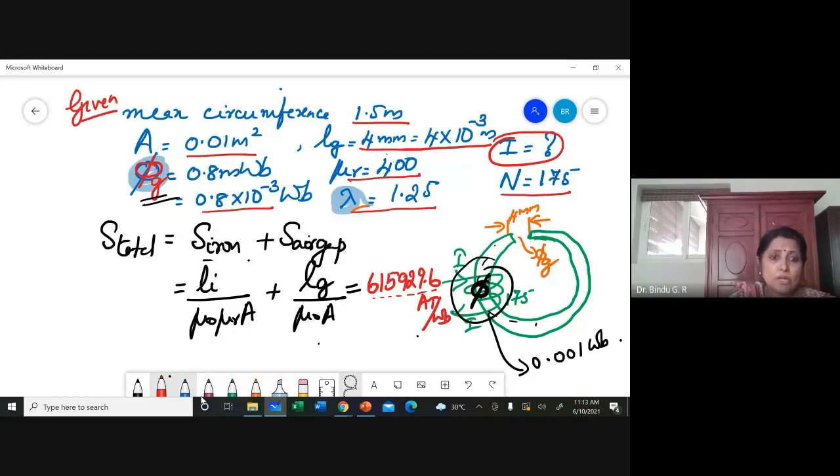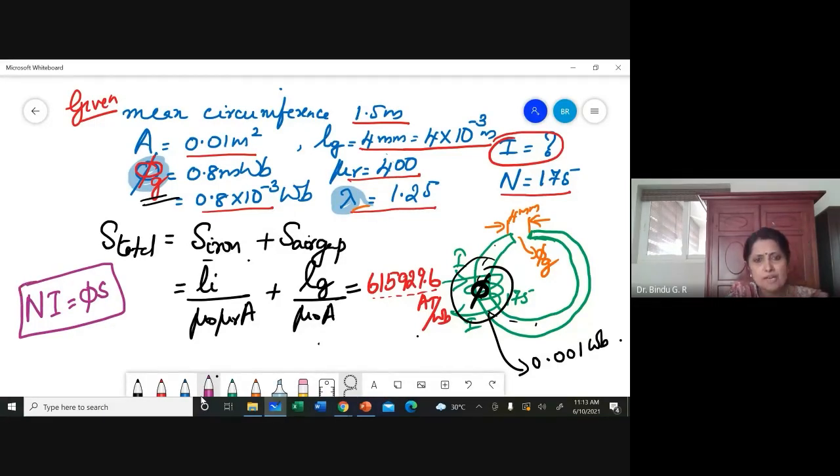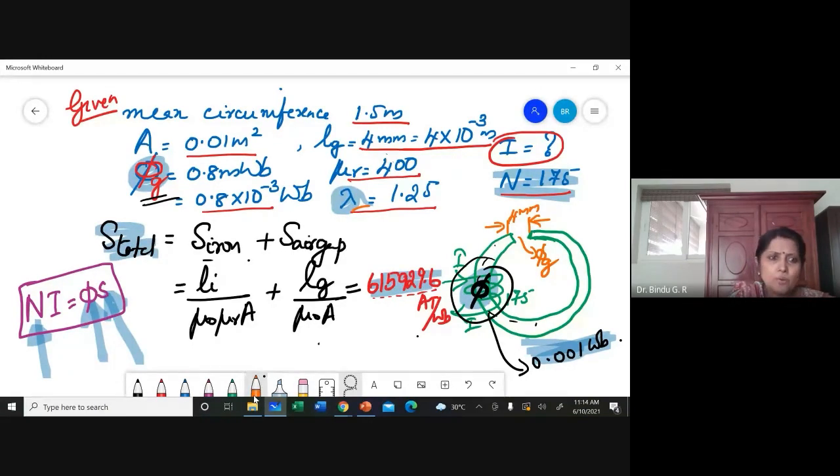Now, finally, what are you going to do? You will say that Ni is equal to phi S. This is the formula that you are going to use. N is given as 175. Flux phi you have calculated from the leakage factor as 0.001 Weber. S is this S total. The only unknown is I, which is asked.